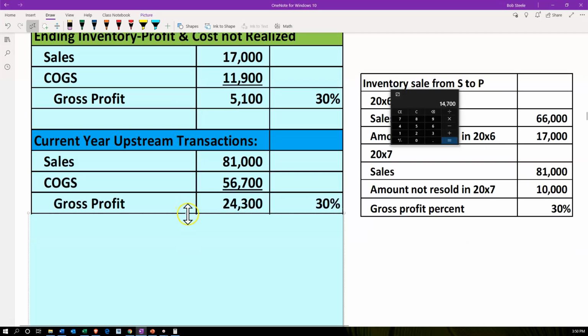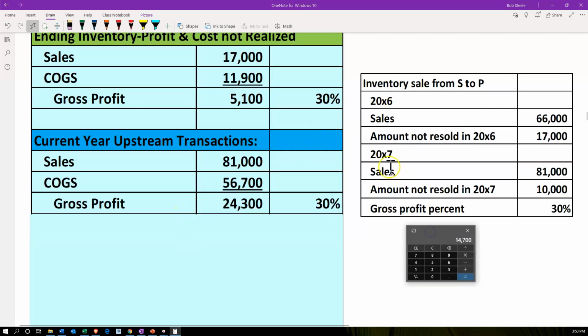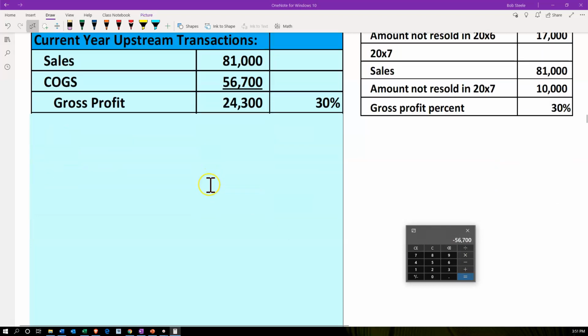Then in the current year, 2000X7, year of consolidation, current year, 81,000. And then they gave us that 30% again. So we're going to take that 81,000 times 0.3. That's going to be the 24,300. Once we have that, we can back into the cost of goods sold, subtracting that from the 81,000, giving us the 56,700.